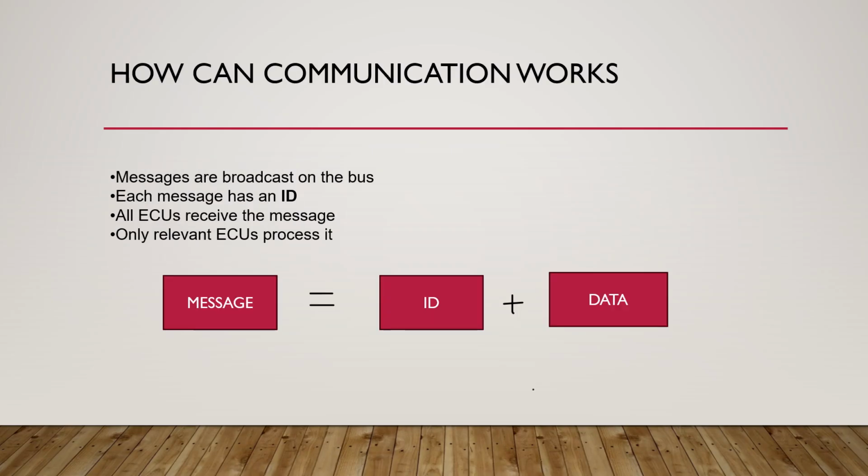How does CAN communication work? Now let's understand how CAN communication happens. In CAN, when one ECU sends a message, the message structure is ID plus data. That message goes to all the ECUs in the network.